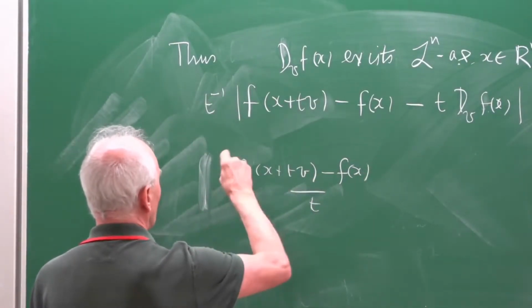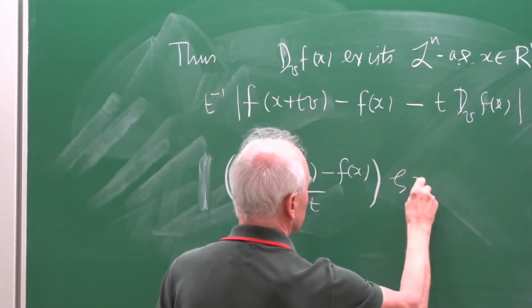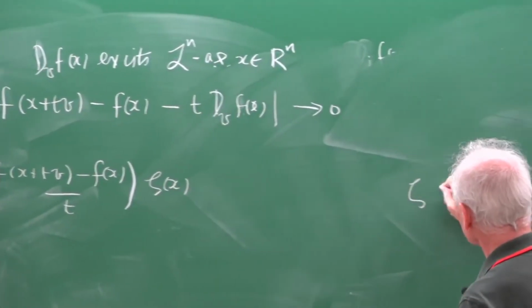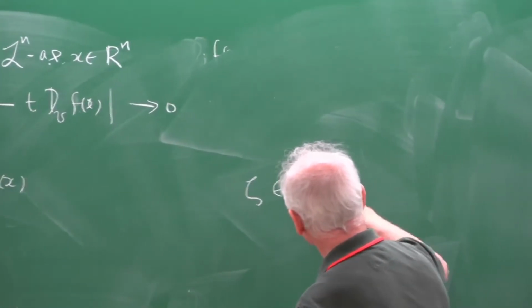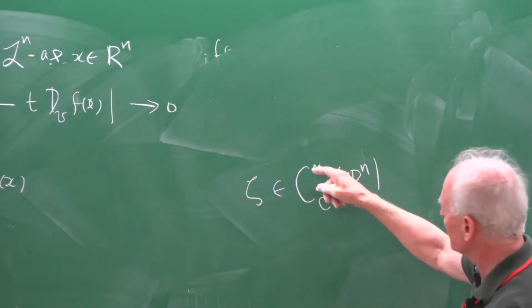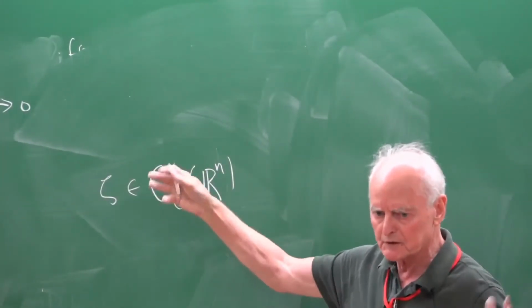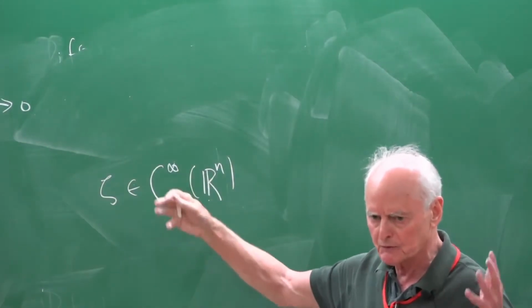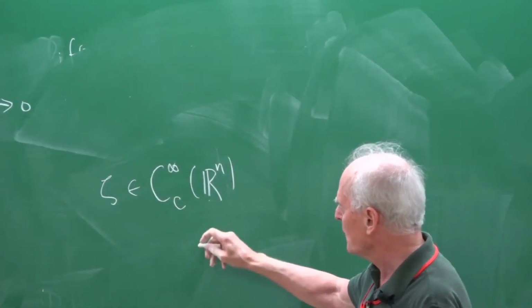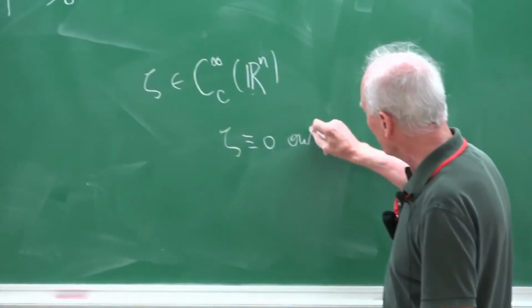And let's multiply that by a function, let's call it zeta of x. Zeta is going to be a fixed C infinity function with compact support in Rn. So this means all the partial derivatives exist and are continuous. All the partial derivatives of all orders exist. All the mixed partials of all orders exist and are continuous on Rn. And compact support means that zeta is identically 0 outside some ball.